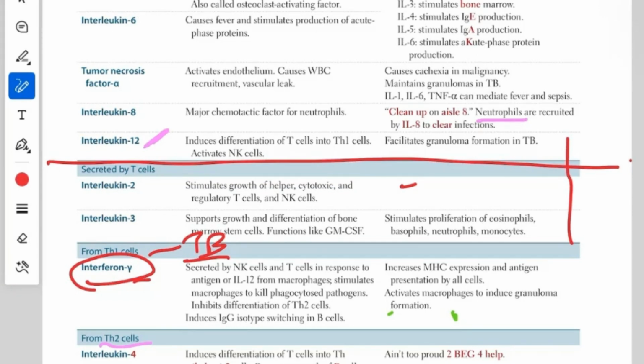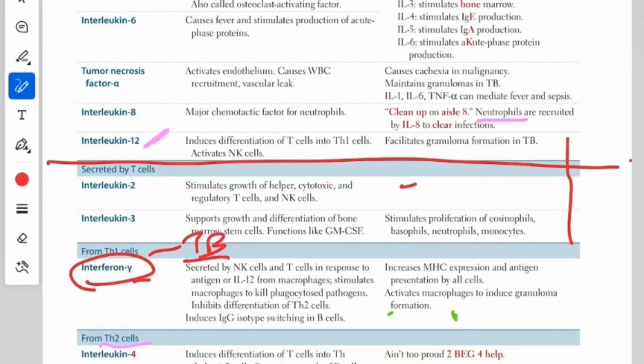Now for the T cells, the CD4 T cell of the adaptive arm. Interleukin 2 is a growth factor for lymphocytes; it stimulates lymphocytes to grow, multiply, and increase in numbers. Interleukin 3 is a growth factor for bone marrow; it stimulates the bone marrow to increase blood cell production.